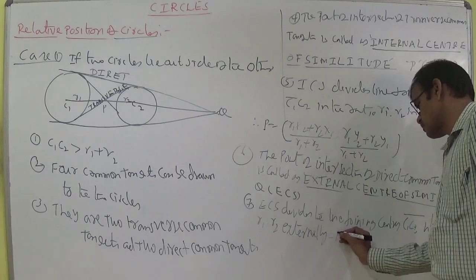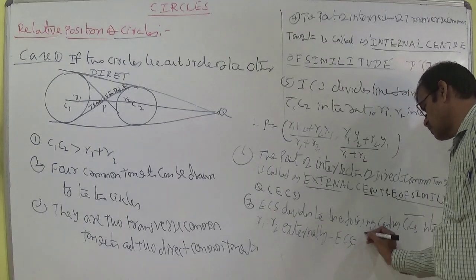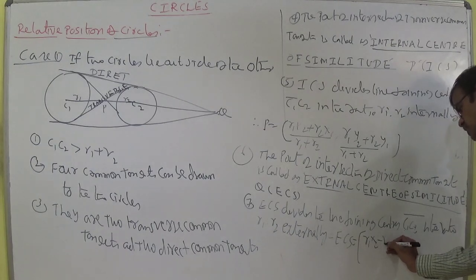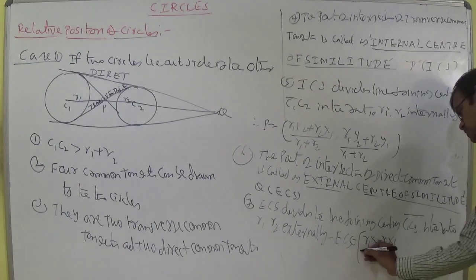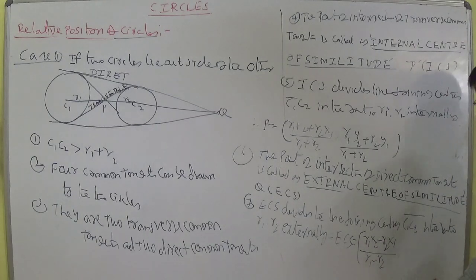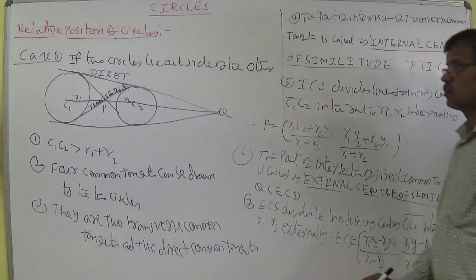That is equal to the ECS formula, which you write like this: R1x2 minus R2x1 by R1 minus R2, the external ratio formula, comma, R1y2 minus R2y1 by R1 minus R2. This is the most IMP concept.